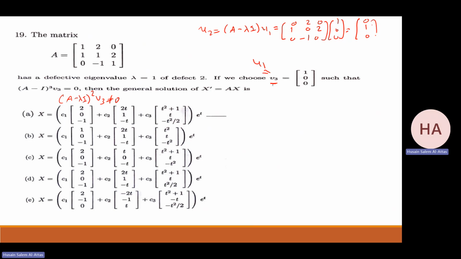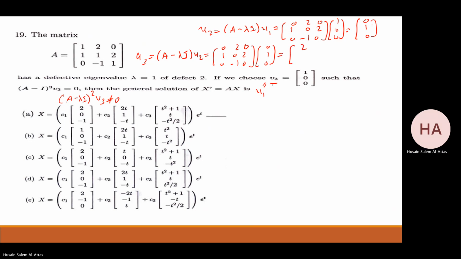No, sorry, 0. Be careful with the calculation. U3 equals A minus lambda I times U2. That will be 0, 2, 0, 1, 0, 2, 0 minus 1, 0 times 0, 1, 0. That gives me 2. Then I have 0. Then I have minus 1.